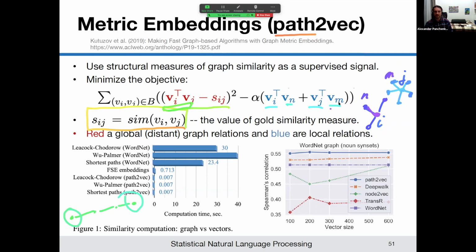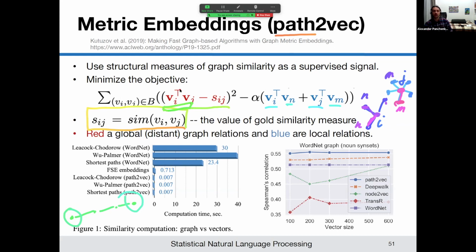In this case, one node from the local neighborhood is taken at random at each iteration of this approach, so at some point you will select this node, and at some point N will be this guy, and M will be this guy. But they are always directly connected.